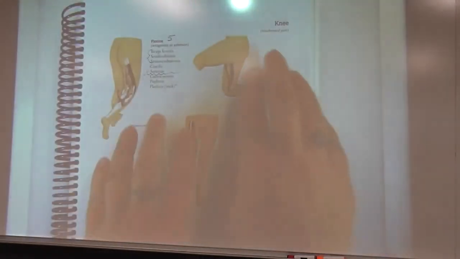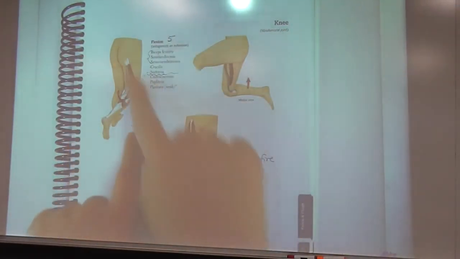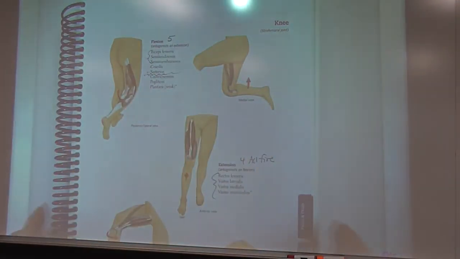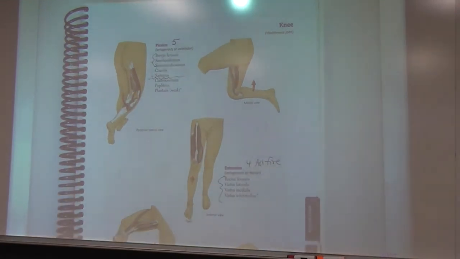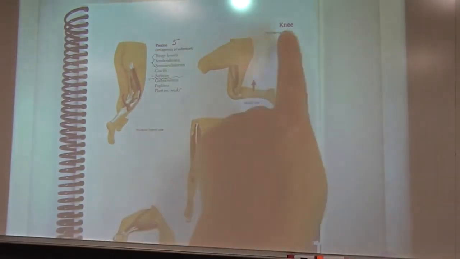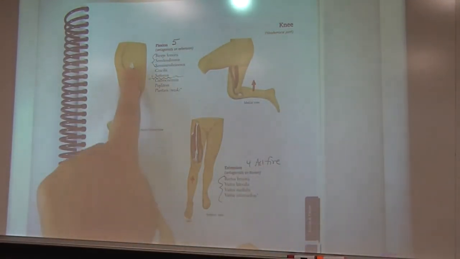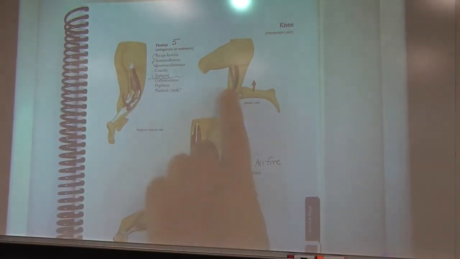Now we get to switch gears for the tibiofemoral joint or the knee joint. Pay attention to what I have here so that we make sure we're all on the same thought process. We're first going to do flexion of our tibiofemoral or our knee joint, which is bringing your heel up to your glutes or bending your knee.